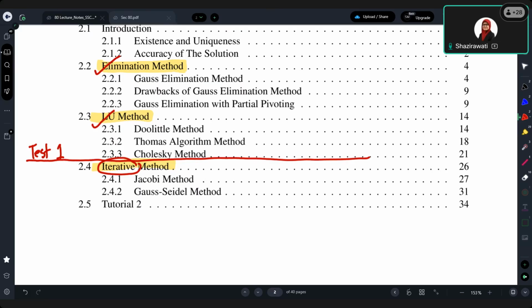Tidak, because Jacobi and Gauss-Seidel ni basically dalam final exam, soalan dia akan embedded dalam chapter lain. So part of the solution dalam chapter lain tu akan menggunakan knowledge from Jacobi and Gauss-Seidel.